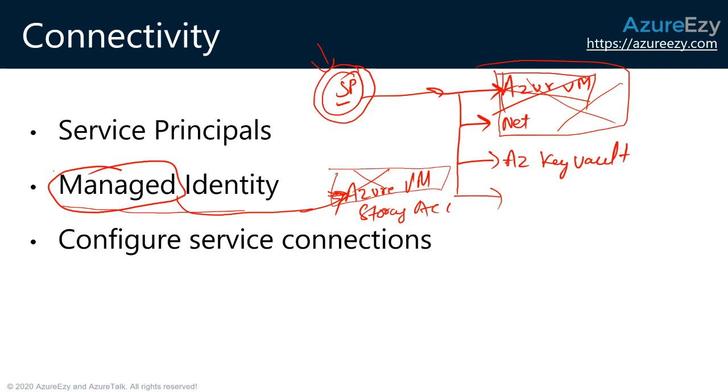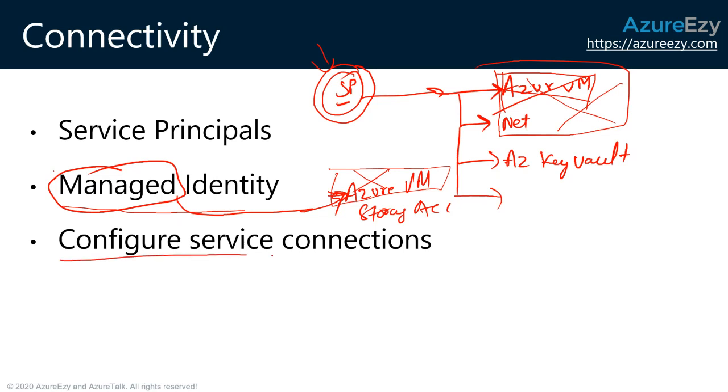Now, with the launch of managed identity, this is one of the best ways to connect with Azure resources, any Azure resource, if it supports managed identity. Some resources might not support it because this is a comparatively new feature.